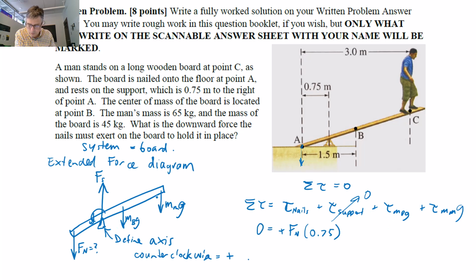And then these two are clockwise, so those will be minus forces. So minus mass of the board times G. That distance right there is going to be 1.5 minus 0.75. And then minus the mass of the man times G times this whole distance, so it's going to be 3 minus 0.75.